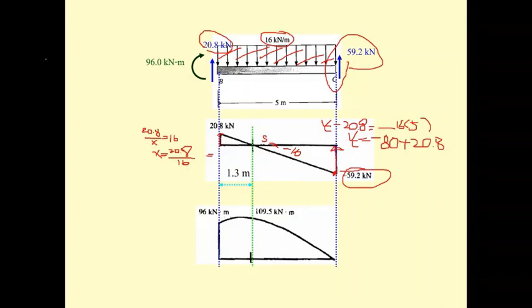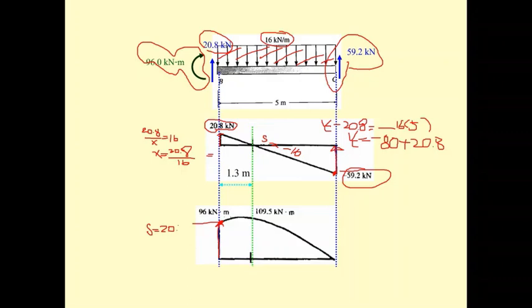How about the moment diagram? And then you come to this moment. The moment that rotates clockwise is positive, so this is going to be up for 96 kilonewton meter, and then the slope is dM by dx equal to V. So the slope at this point, you may mark this one as 20.8.